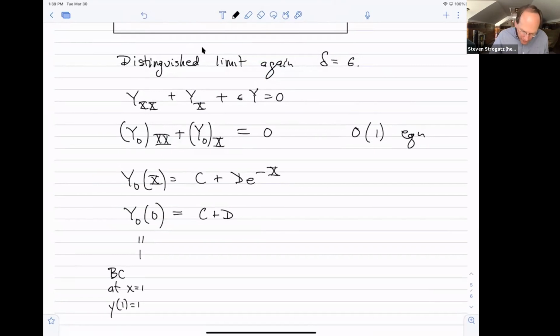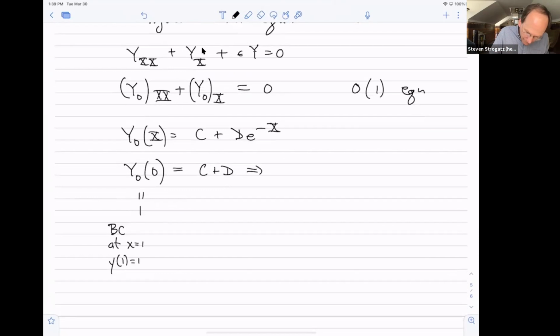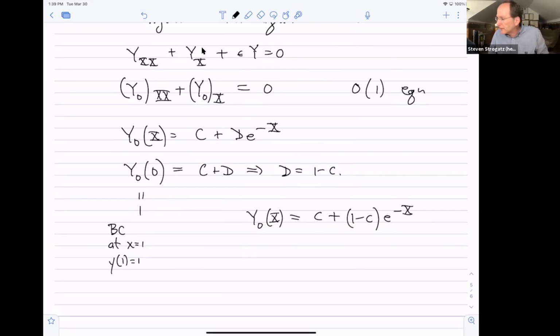So this whole thing is supposed to be 1. And so solving for, let's eliminate D, you get D is 1 minus C. So big Y0 of big X is C plus 1 minus C, e to the minus big X.